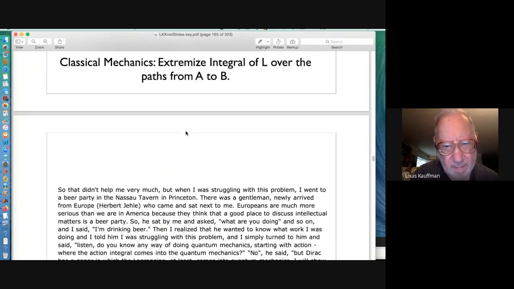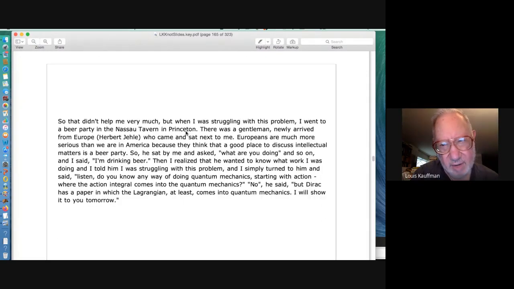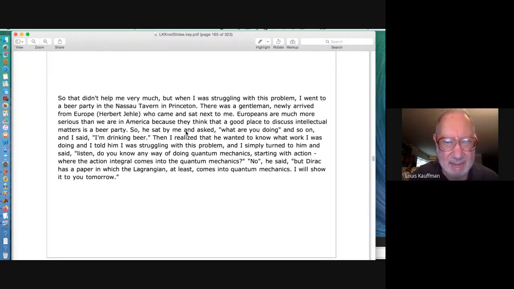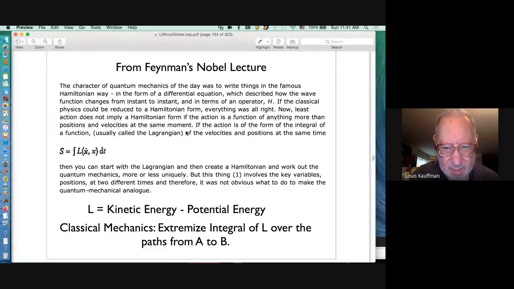So in his Nobel lecture, he recounted how he discovered that. And let me see if I can find the quote. So, as he says, and I don't want to read everything here, he was searching for a way of formulating quantum mechanics that used the Lagrangian.